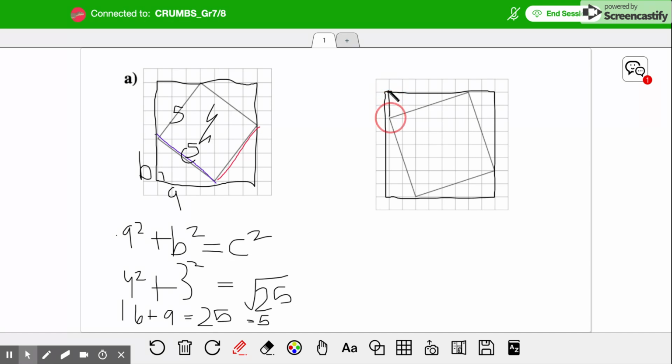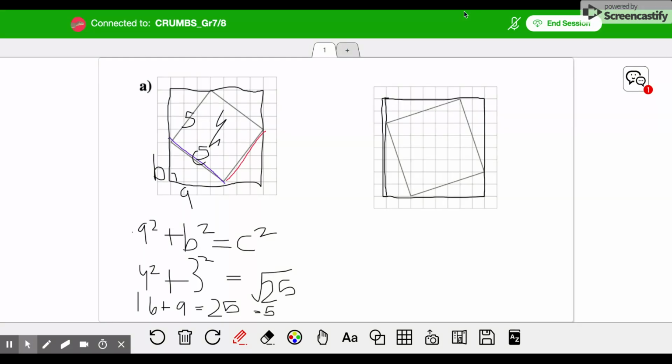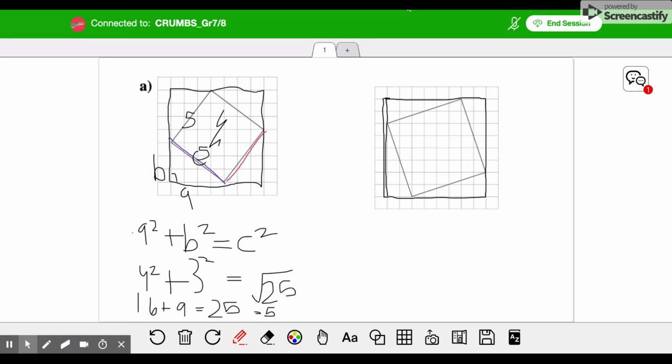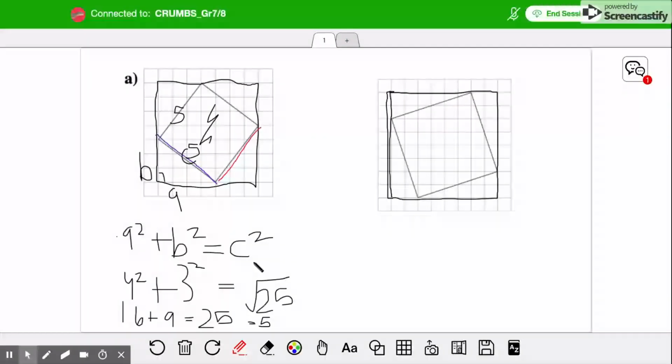Well, what is the instruction that goes with this? Could you read me the instruction of this question? Sure. It says copy each square on grid paper, find its area, then write the side length of the square. It doesn't say where to round it to. Well, if it doesn't tell you what to round it to, you can usually keep one or two decimals, and they would be okay.